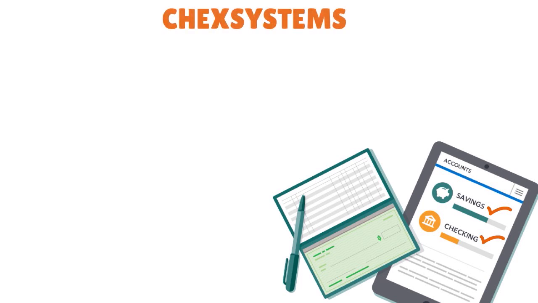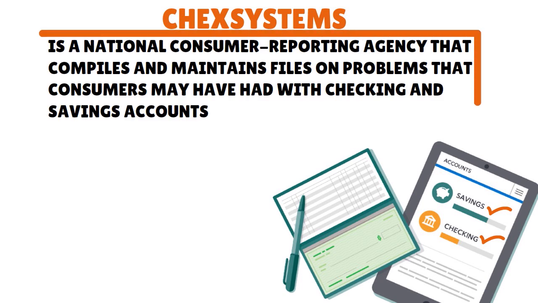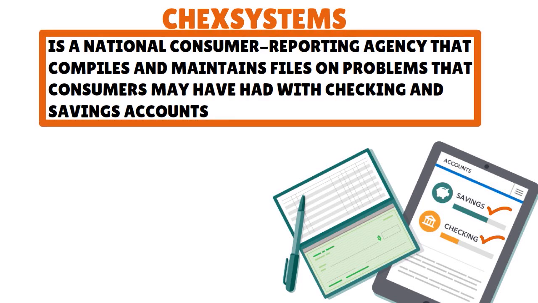Check Systems is actually a national consumer reporting agency that compiles and maintains files on problems that consumers like you and me may have had with checking and savings accounts. I'm talking about account misuse, fraudulent activity, and also unpaid negative balances.